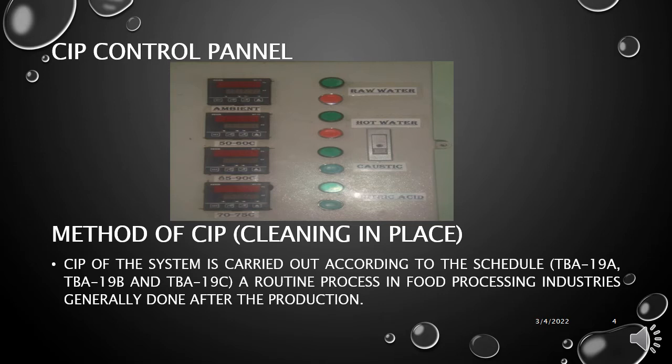So let's see the method of CIP. CIP is carried out according to the schedule, like TBA 19A, TBA 19B, and TBA 19C. These are the names of machines. This is a routine process in food processing industries which is mostly done after the production.